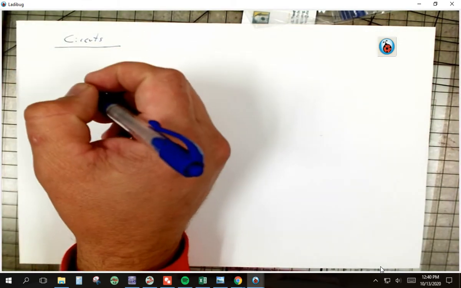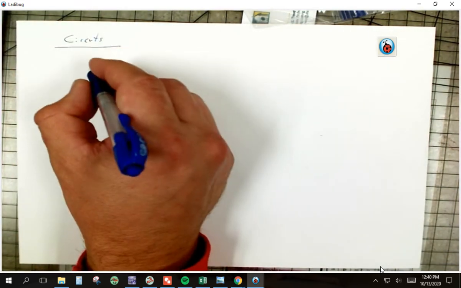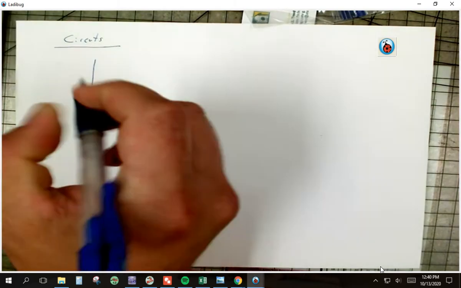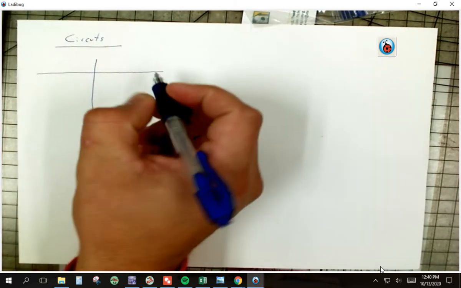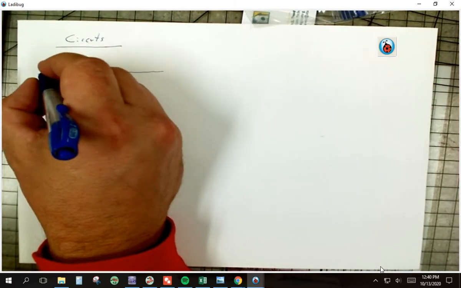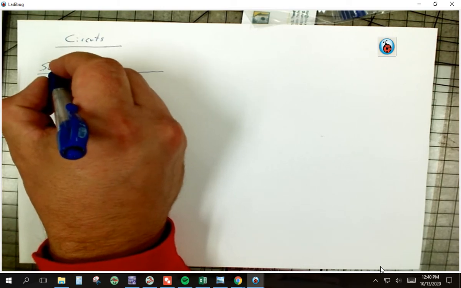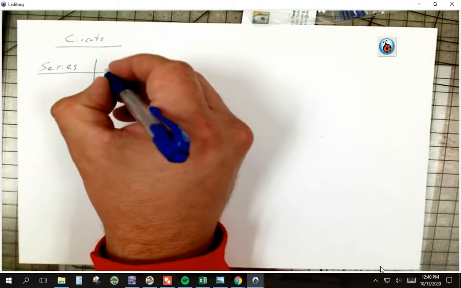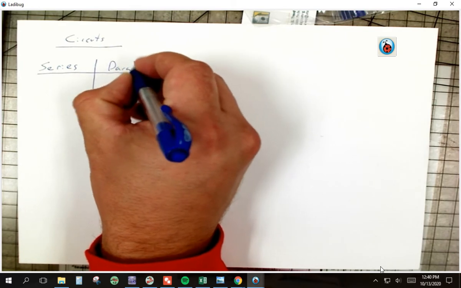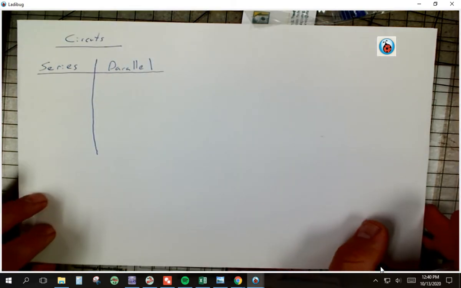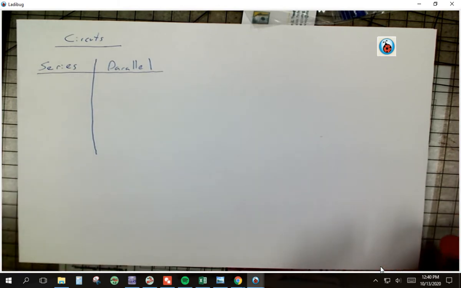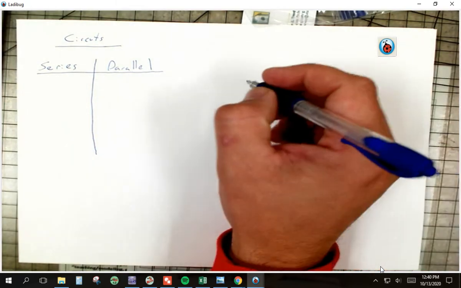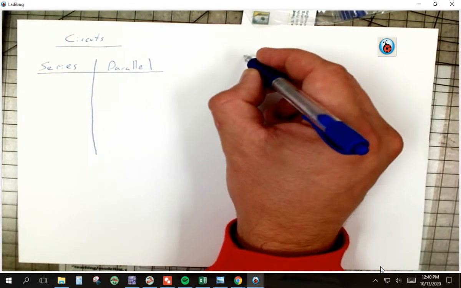And there's a couple of things that we need to know. So in your notebook, I would make a little T chart like this. And we're going to start out by talking about two specific types of circuits: series and parallel. And also, one of the fundamental things that we're going to talk about as we go through this is this idea of Ohm's Law.